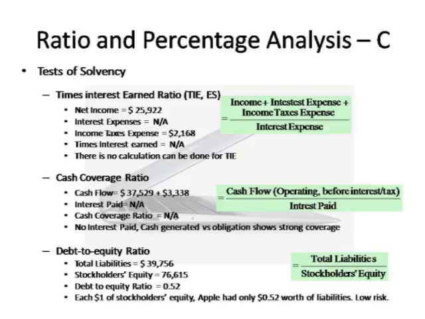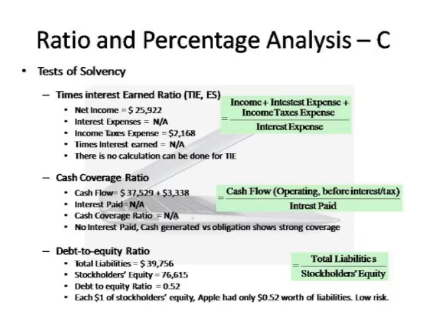On the next slide, we're talking about the third kind of test for the ratio and percentage analysis, which is the test of solvency. The first kind of test is the times interest earned ratio. It is defined by all the income divided by the expenses on the interest.